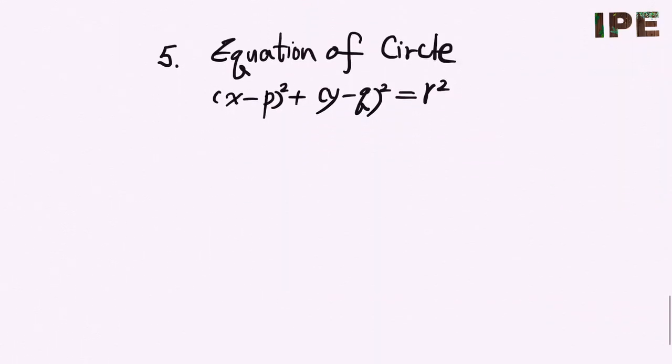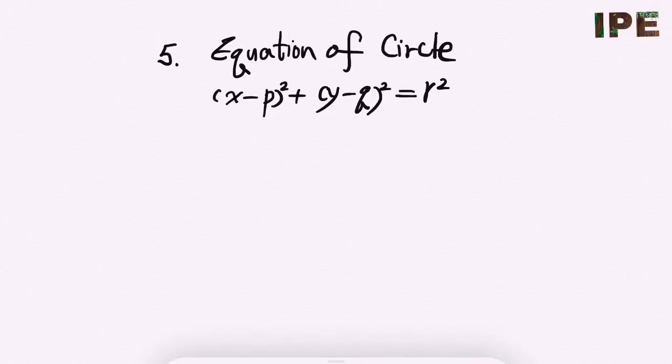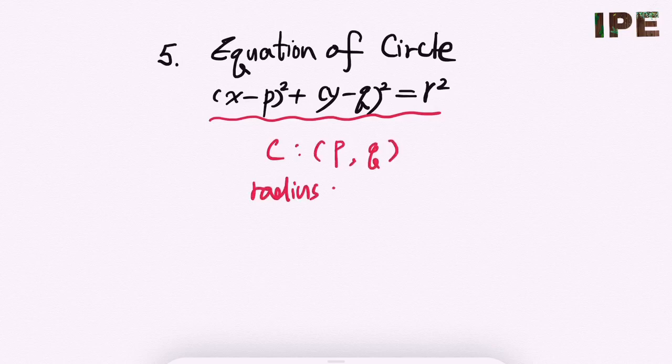You have to understand the equation of a circle. So I just give you here (x minus p) squared plus (y minus q) squared equals r squared. This is the standard form of the circle equation. So what is the center of this circle? The center is (p, q), and the radius is r.